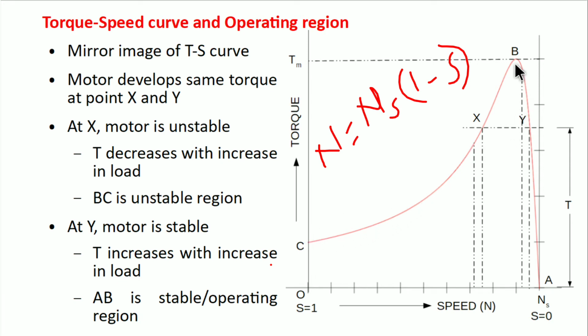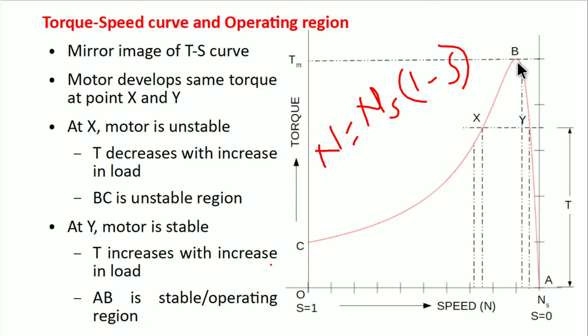So this region B to C, the BC region, is called the unstable region of the torque slip curve. We cannot have the running slip of the motor in this range from B to C.